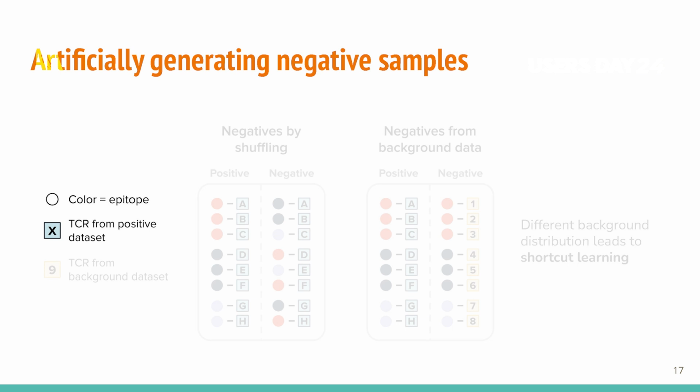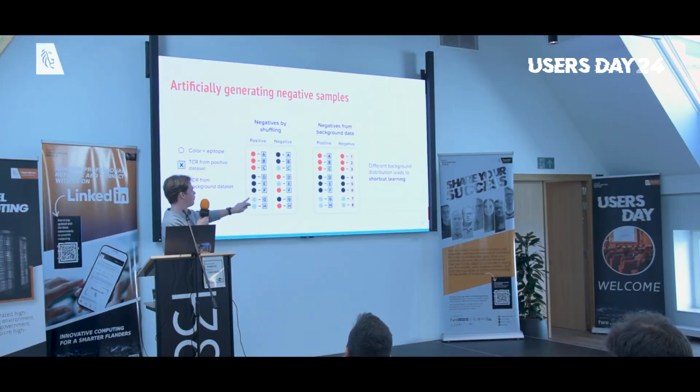The problem here is that this background data set, these TCRs, is often generated in different labs from completely different types of samples and has a slightly different background distribution, which leads to something called shortcut learning, where the model, instead of learning the true things that determine which pairs bind and don't bind, will just learn the difference between the positive and the negative TCRs only.